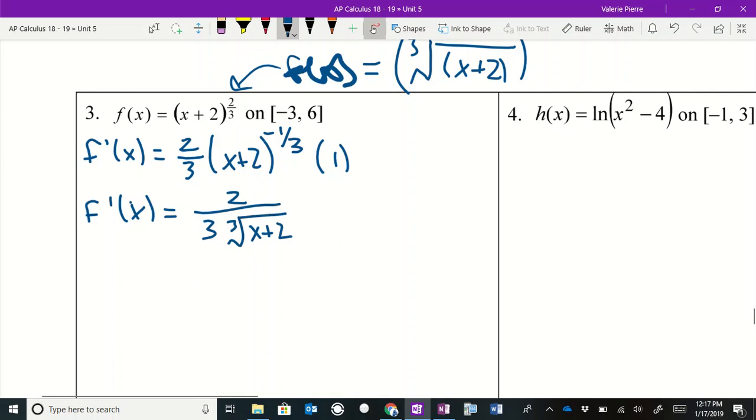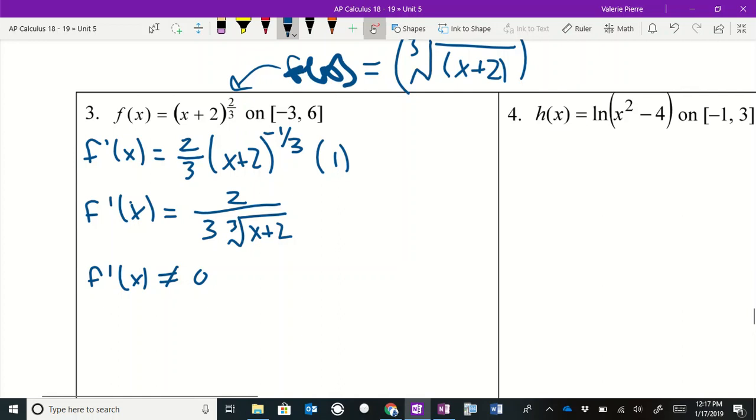Okay, so what we need to find are the critical values, right? Critical values are when the derivative is equal to 0 or undefined. Since the numerator of this will never equal 0, f prime of x will never equal 0. However, the denominator can equal 0.